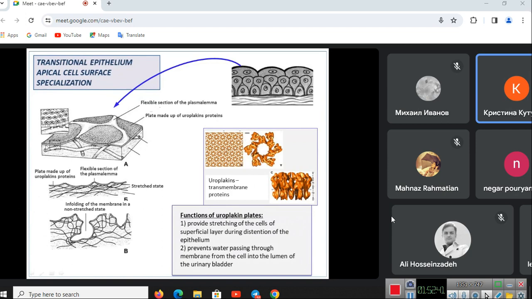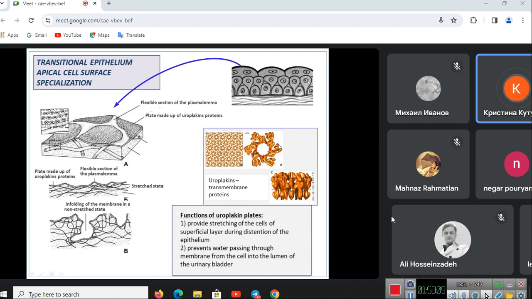So what is shown here is the cell membrane, and the outer layer of cytoplasm, the terminal web with elements of cytoskeleton connected to the cell membrane. And the cell membrane contains phospholipids and transmembrane proteins. And these cells have very specific transmembrane proteins, which are called uroplakins.